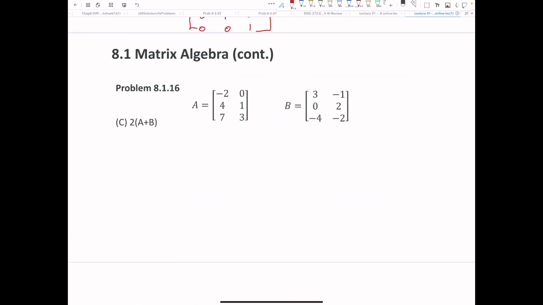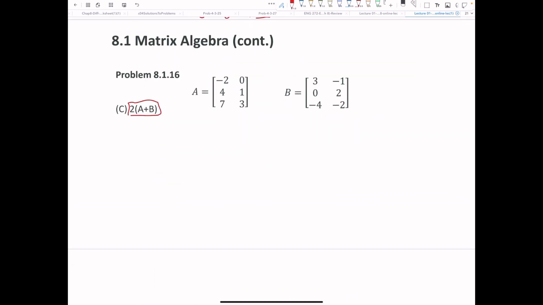Okay, so for the quiz, do this and then give me, we're going to call the result matrix M, and give me M2,3 or M1,3 or M3,2. So let's find M first, and this is 3 by 2, 3 by 2. So they are the same dimension, so we can add them together.